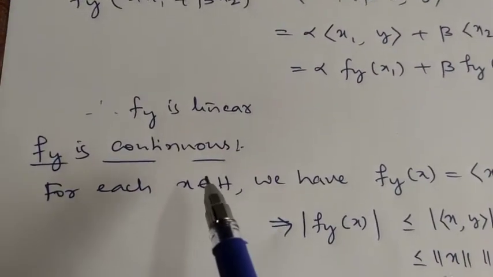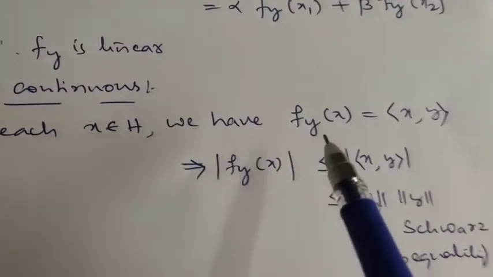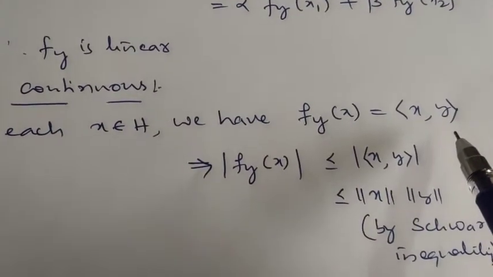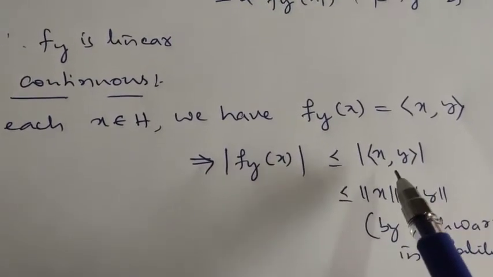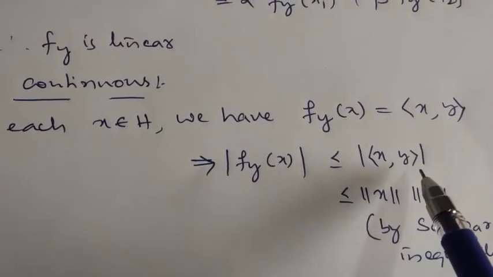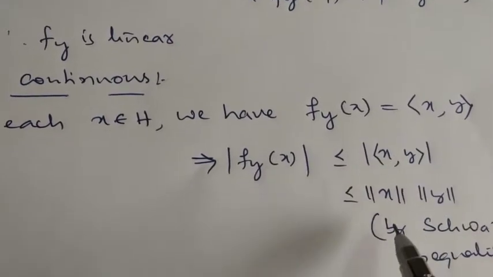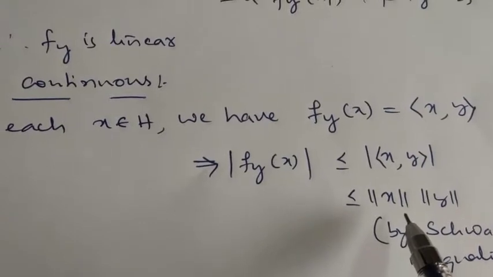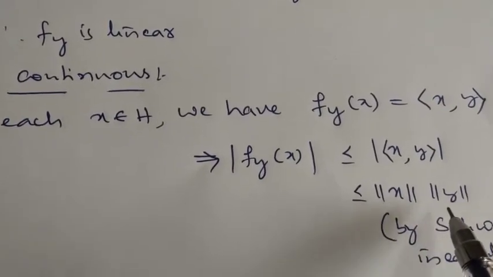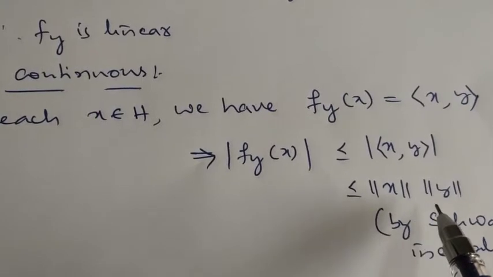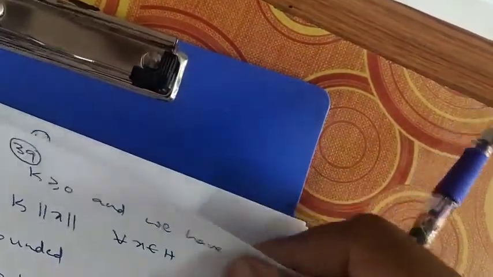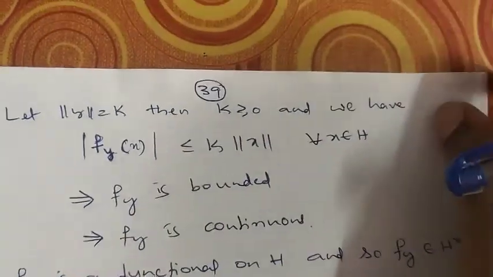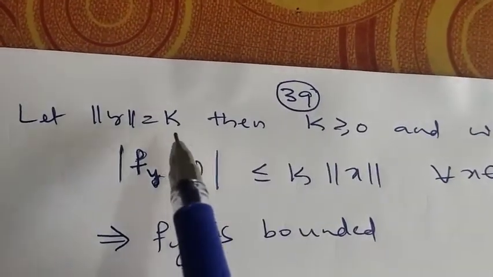Let us now prove Fy is continuous. For each x in H, Fy of x is the inner product of x comma y. So the absolute value of Fy of x is less than or equal to the absolute value of the inner product of x comma y, which is less than or equal to norm of x into norm of y by the Cauchy-Schwarz inequality that you have studied in your inner product spaces class. Norm of y is also a scalar; let us take norm of y as some scalar k.